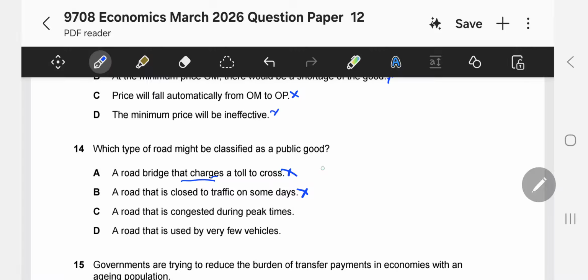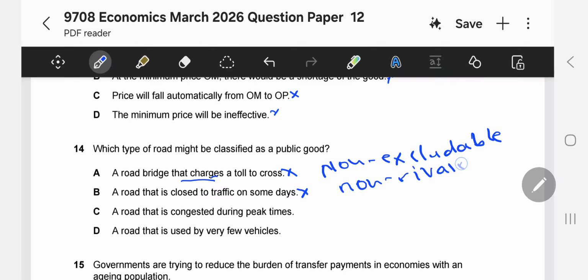A public good should be non-excludable, and also non-rivalrous, which is quite a difficult word. A road that is congested is going to exclude some people maybe, and a road that is used by very few vehicles, maybe this one, D. I'm thinking that one.